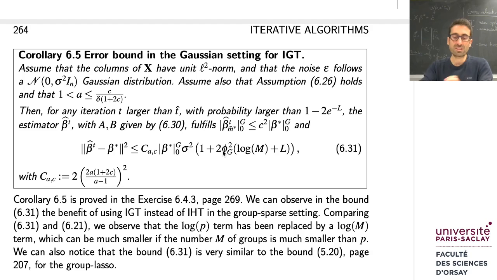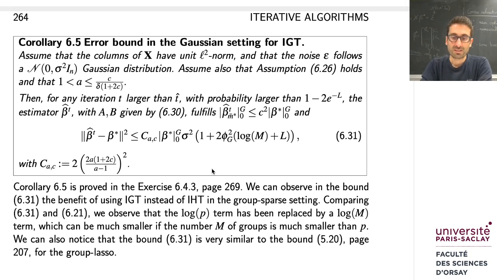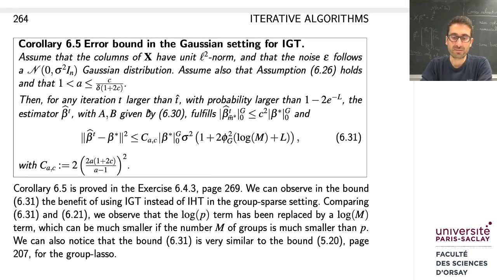So essentially here we have replaced log p by this quantity, which is hopefully smaller. It will actually be smaller under the condition that we have imposed. Again, you will also prove this corollary in the exercise.